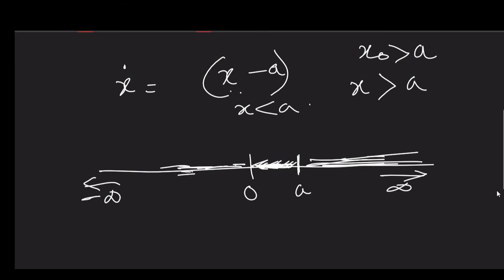So the system is only locally asymptotically stable, confined within this region. Since this is a very simple expression of a linear system, we can figure it out very quickly and easily.